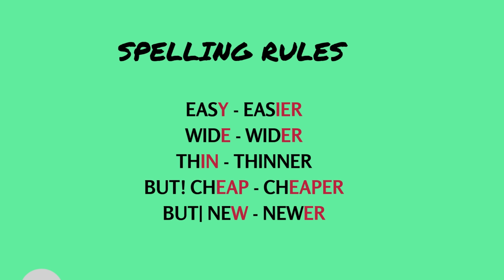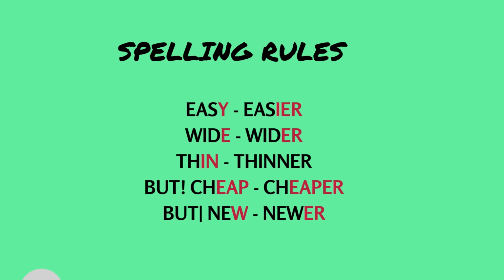It is transformed, changed into ier. If the adjective ends in the letter e, as in this adjective wide, you need to add only the letter r. Wide, wider, because there is already the letter e.